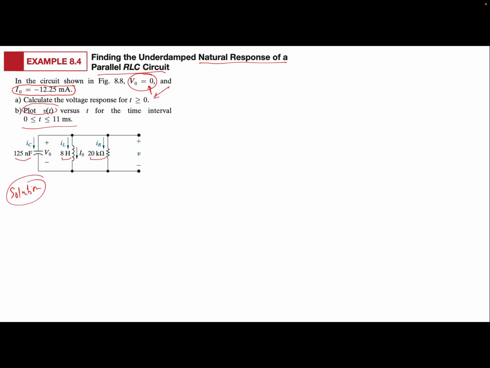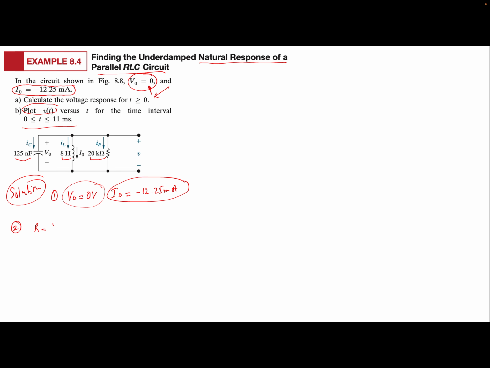In order to solve this, the very first thing, as I mentioned in step number 1, is to find the initial conditions. The initial conditions are already given to us. V naught is 0 volts and I naught is minus 12.25 milliamperes. Okay, so this is great. Then step number 2 is we find the values of alpha and omega naught square.